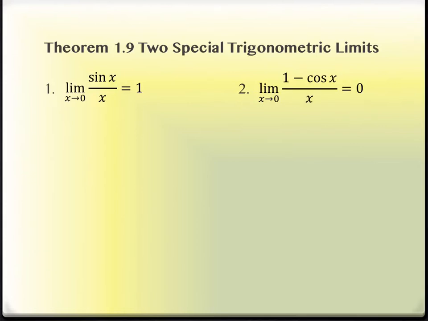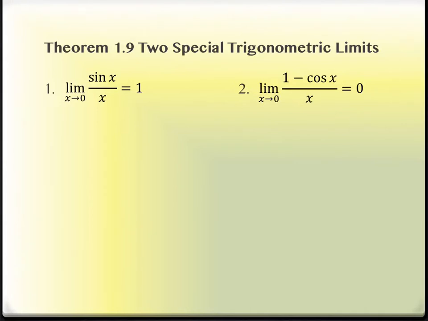The other one is quite similar. It's talking about cosine. If x is approaching 0, what is the cosine of 0? Nope. It's a good guess. 1. Cosine of 0 is equal to 1. So on the top of this thing, I'd end up with 1 minus 1, so the numerator would be 0, and the denominator would be 0 as well.